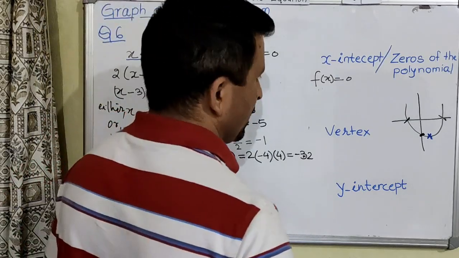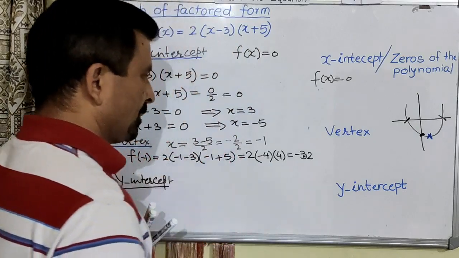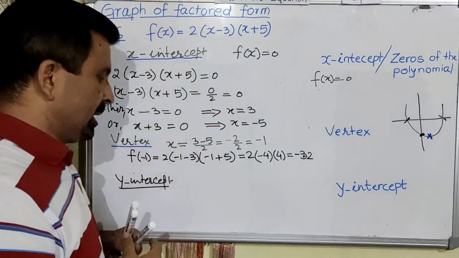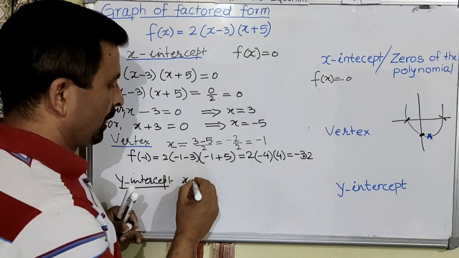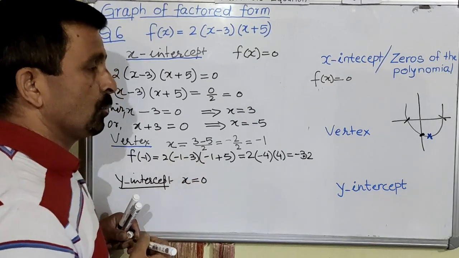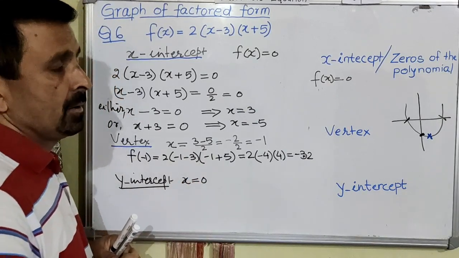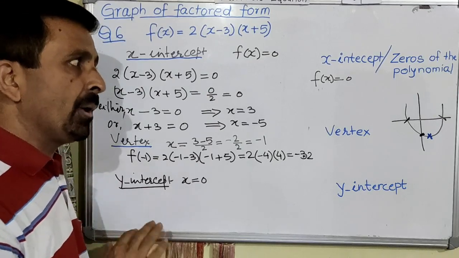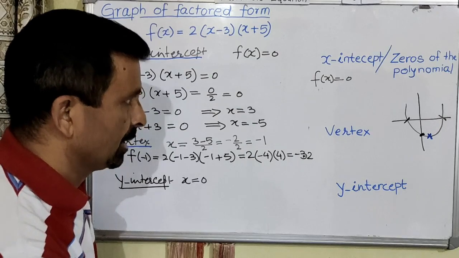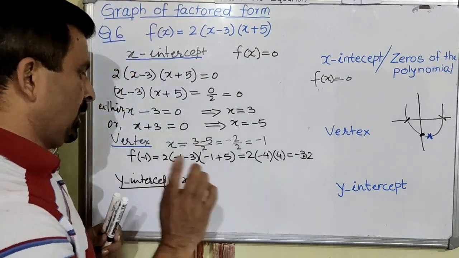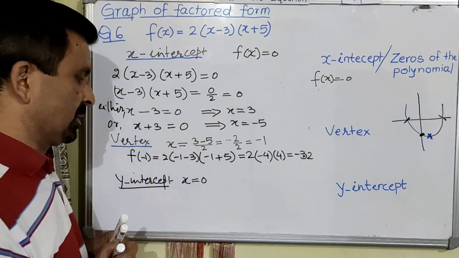Because it is on the y-axis, the value of x will be equal to 0. We need to always remember that anywhere on the y-axis, the value of x is 0. Clear? So we have put the value of x as equal to 0.